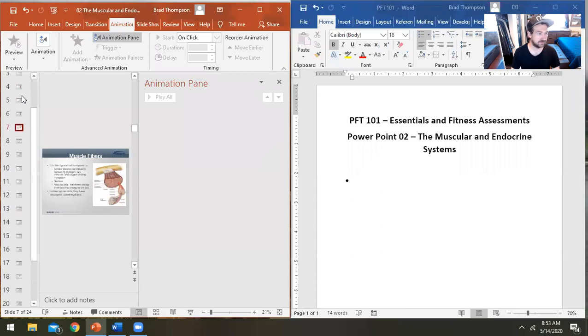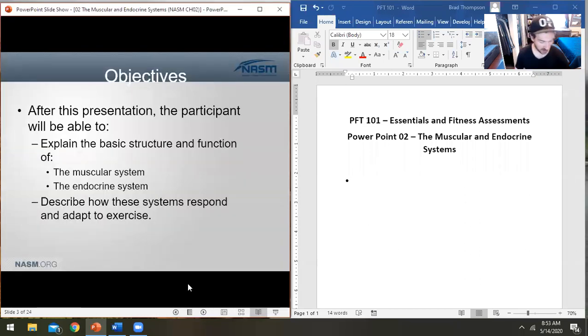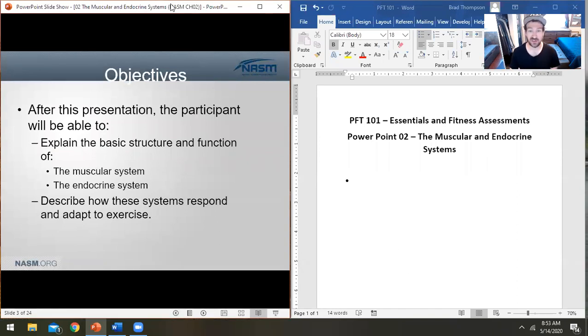So, all right, our objectives for today are to understand the muscular system and the endocrine system and how they respond and adapt to exercise.